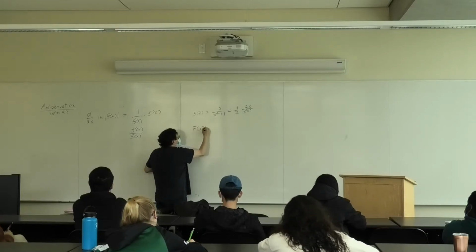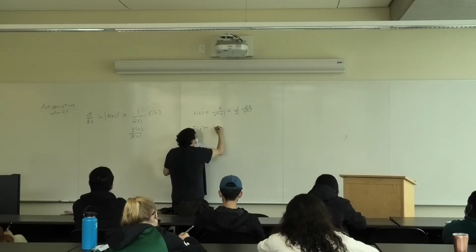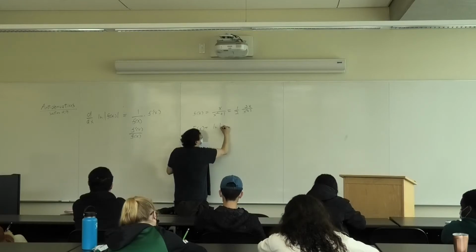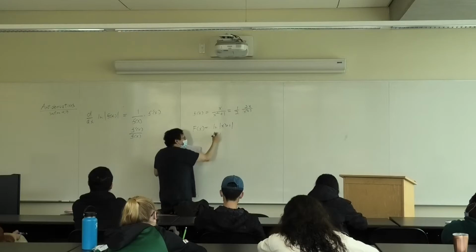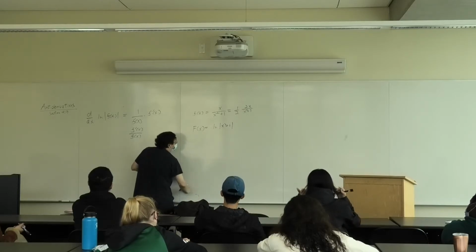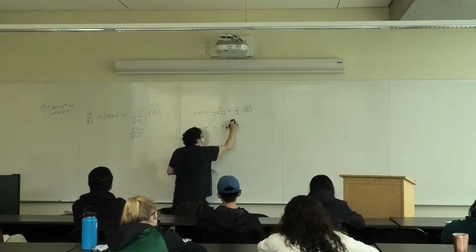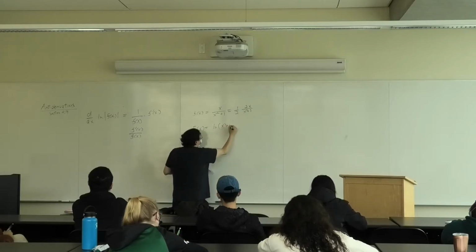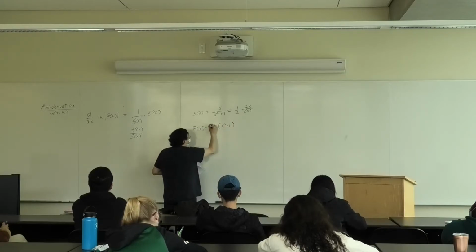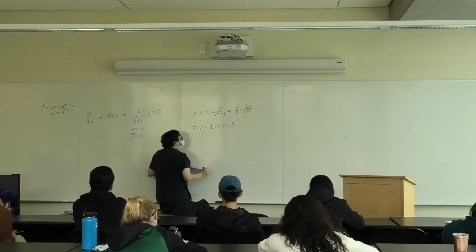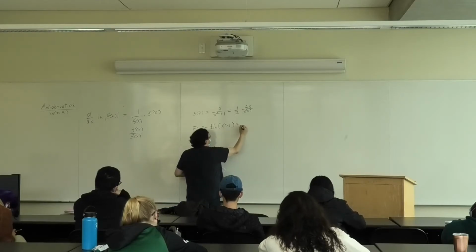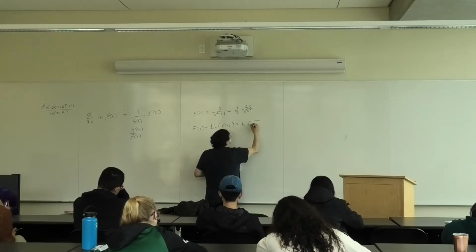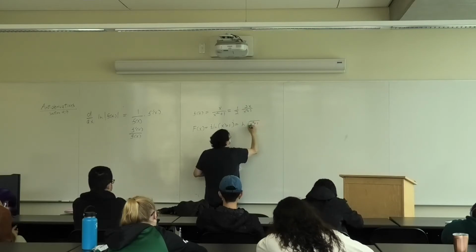So the antiderivative will be log of the absolute value of x squared plus 1. Well, you can see right away I can get rid of those absolute value signs, because this has to be positive. To the 1/2, well, what's that? That's the log of the square root of x squared plus 1.